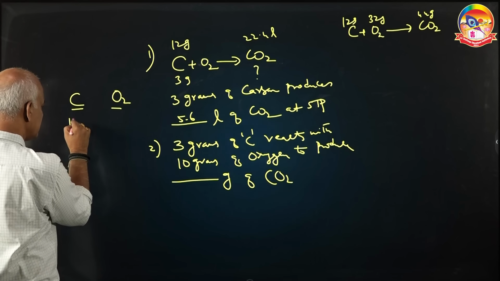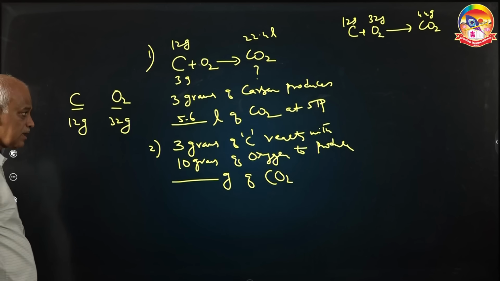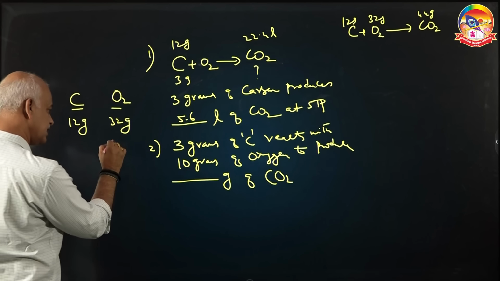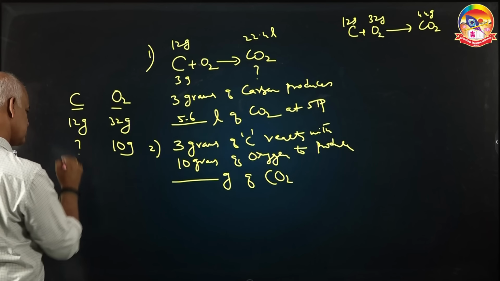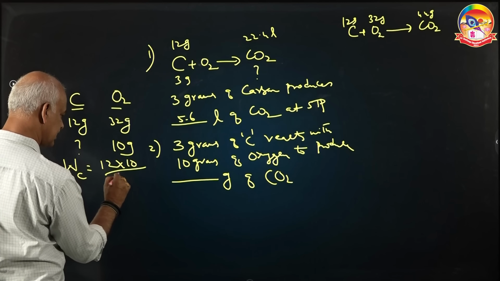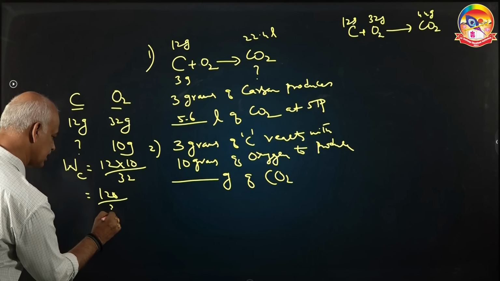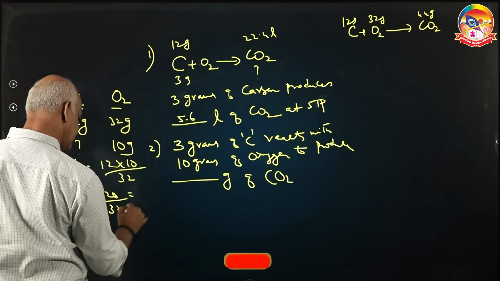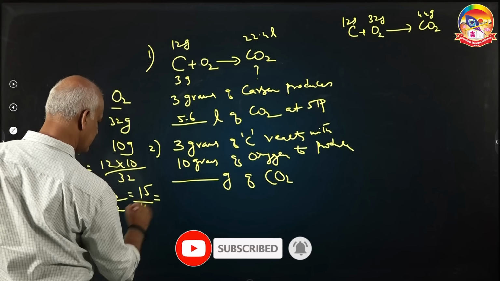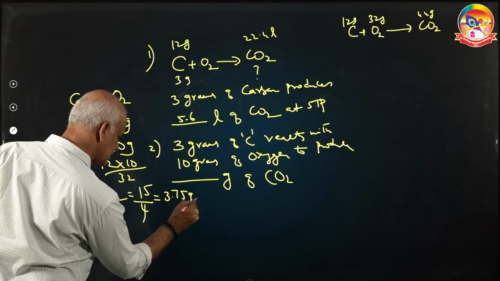You know very well, 12 grams of carbon require 32 grams of oxygen. Suppose I take all the 10 grams of oxygen and it completely reacts. 10 grams require how much? So W carbon is equal to 12 into 10 by 32, 120 by 32, which is 3.75 grams.